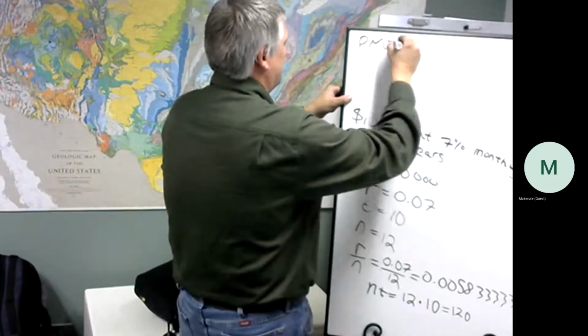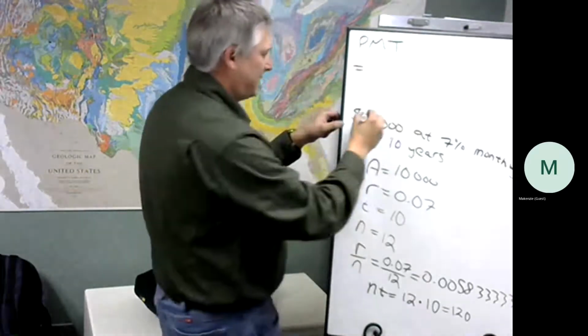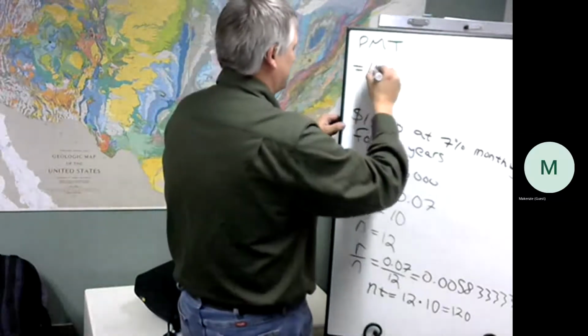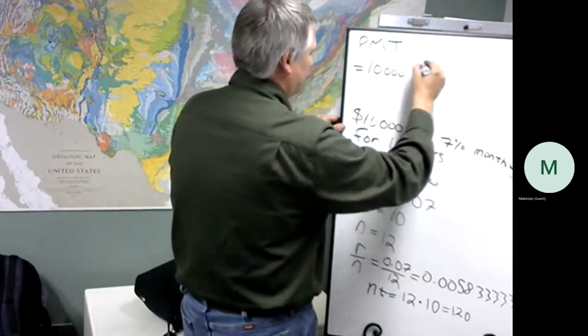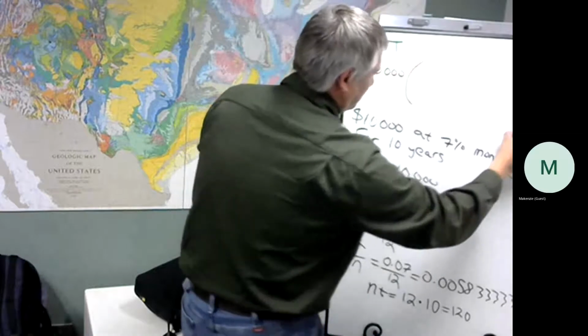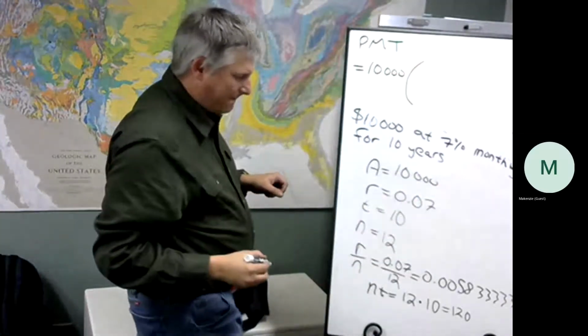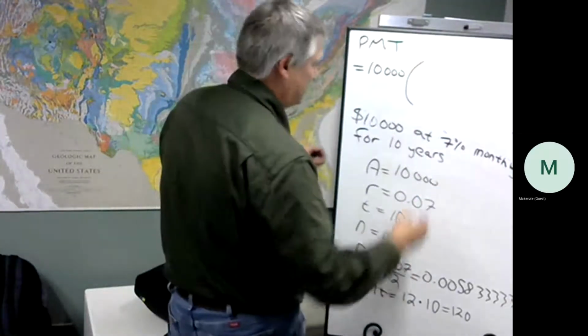Payment equals, then we have 10,000 here. R over N is going to be this.